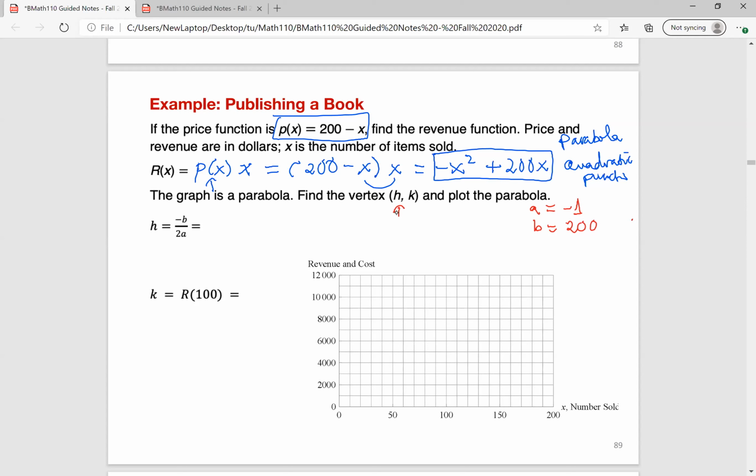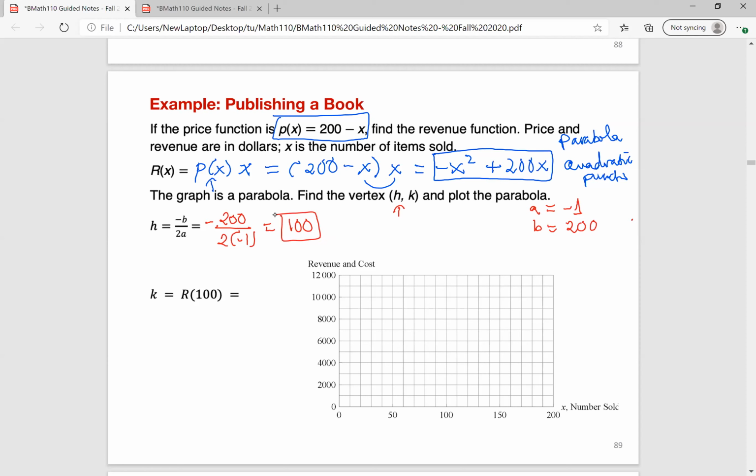Remember from the last section, h equals negative b over 2a. So negative b is negative 200 over 2 times -1. Easily, you're going to have h equal to 100.